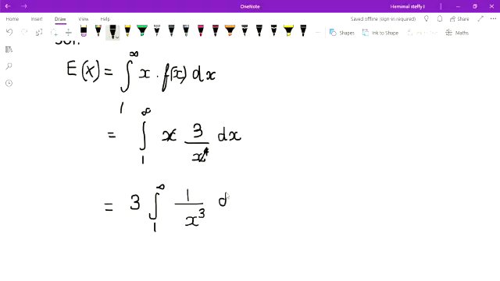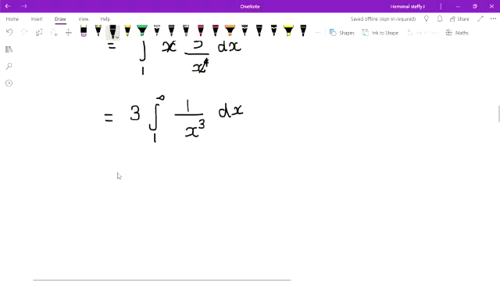What is the next step? I bring down the x power 3 above, and it changes to x power minus 3.